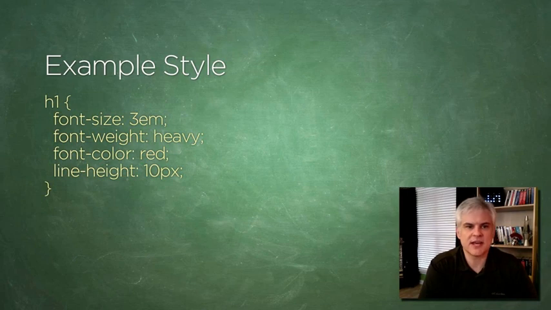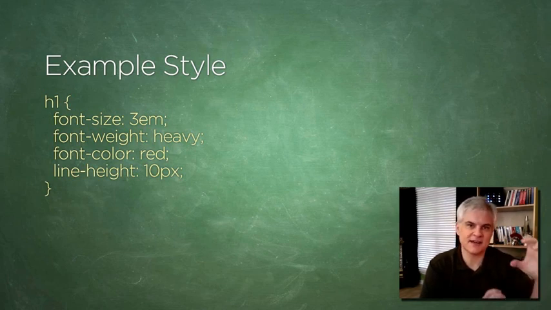In this particular case, we have several different parts to our style. First of all, is the selector. We are selecting, in this case, the H1 element, every H1 element in the document. The styling will be applied to all elements that match that requirement, namely all H1 elements. Secondly, we have a set of curly braces that define the body of the style.